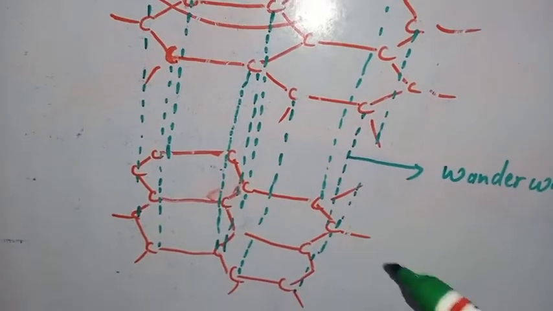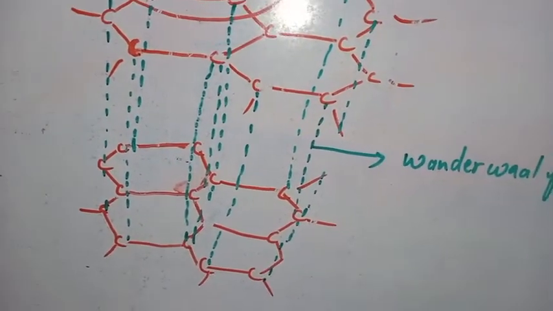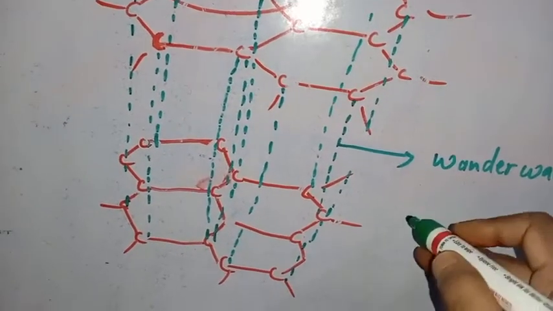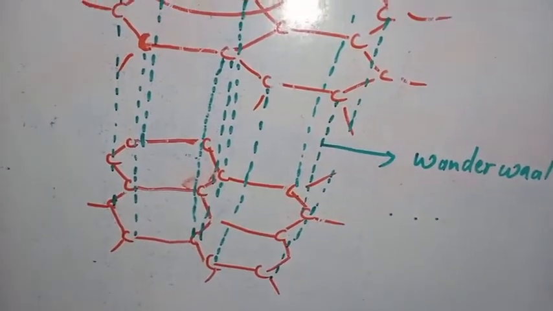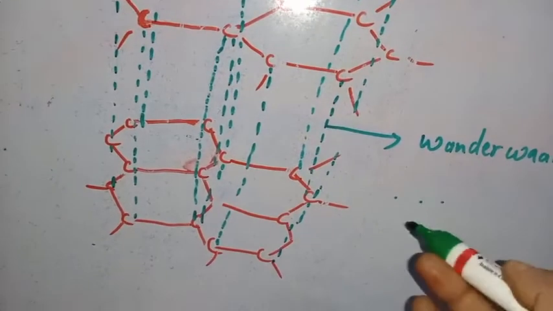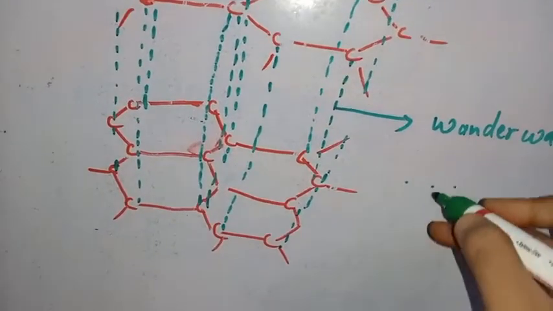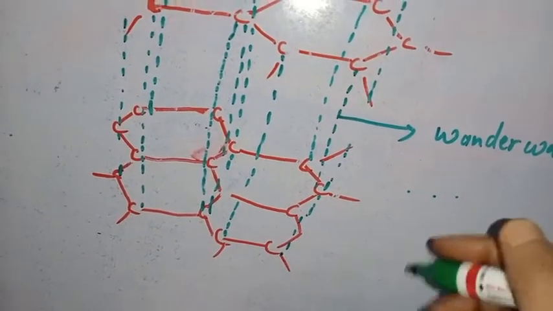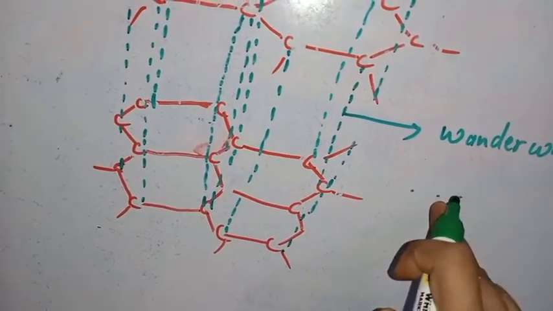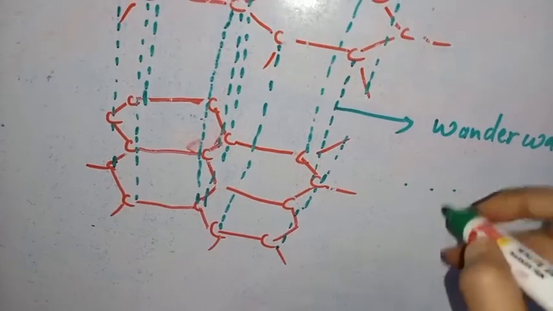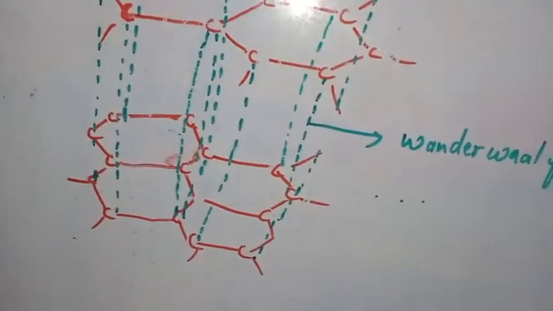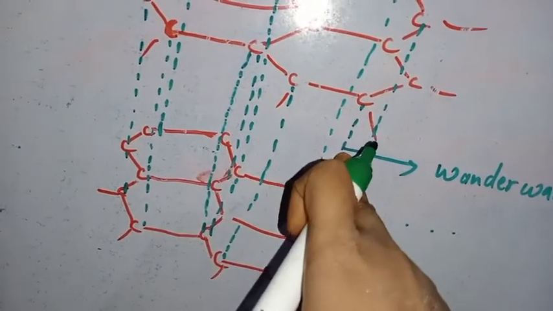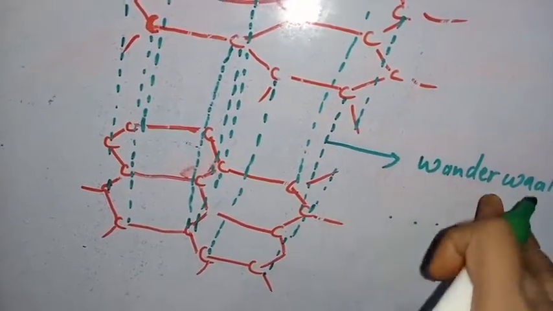As you can see, the tip of pencil is made up of graphite only, and when you start writing with the pencil, you can see the layers break and fall on the paper, and then you are able to write comfortably, because the layers are attached with a very weak force.